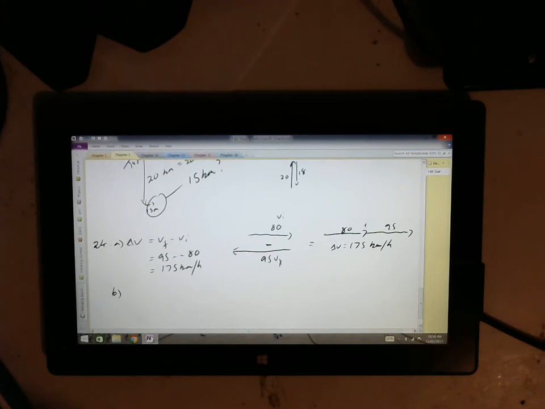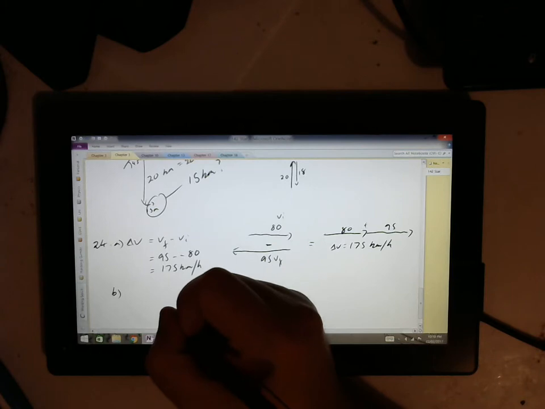A car travelling north at 45 kilometers an hour turns west and travels at 60 kilometers an hour. What is the change in velocity? Again, change in velocity means we're taking a subtraction. We want to know the difference between start and finish.